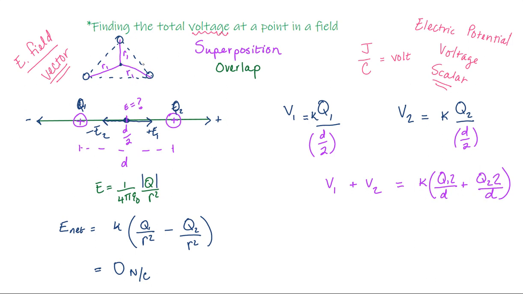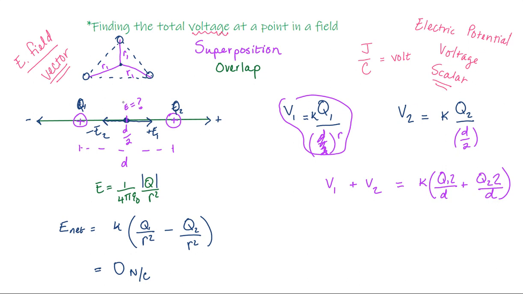I literally just have to calculate V for each of those distances. Obviously there we'd be using R for this statement, and I would just be calculating the addition of all three. It doesn't matter what direction they're pointing. So the electric potential is a lot easier to figure out, and it's just the addition of all of them.